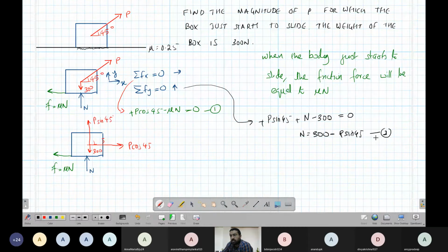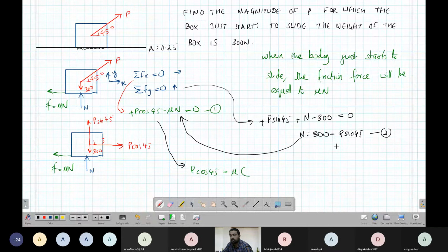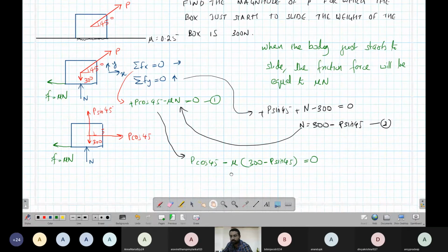So this is my equation 2. I'll substitute this value of N in the first equation. Cos 45 is 1 by root 2, so that is P by root 2. So P cos 45 minus mu into (300 minus P sin 45) should be equal to 0.